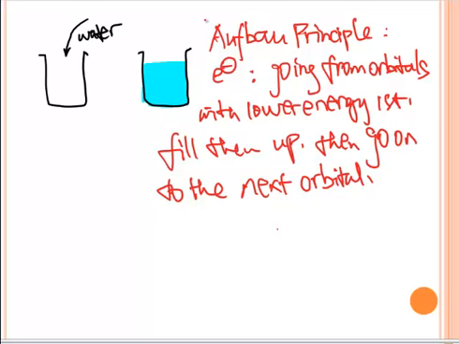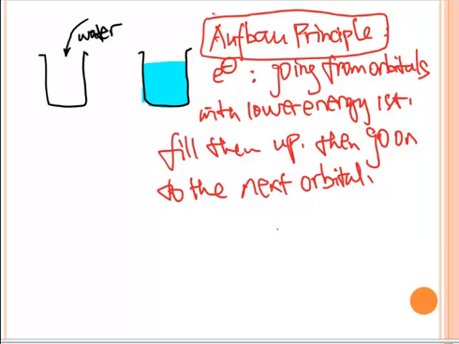It is analogous with filling any container with water from the bottom up. If we can rank those sublevels, or even the orbitals, in a sequence from the lower energy to the higher energy, we can actually have the sequence in which those electrons are filled in.